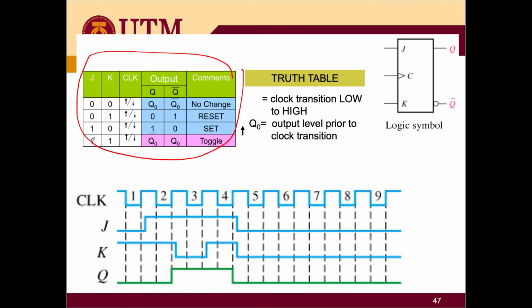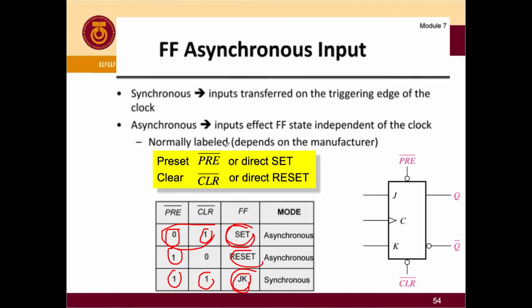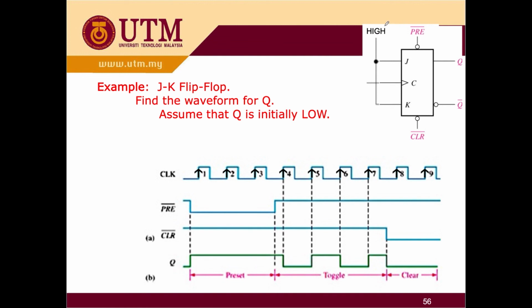So you can see over here JK is 1 1, and it will toggle. Why is JK 1 1? Because both of your JK inputs over here are connected to the same input, value 1, so 1 1. So that's why you're going to get toggle for your output. Toggle from where? Toggle from your previous output.